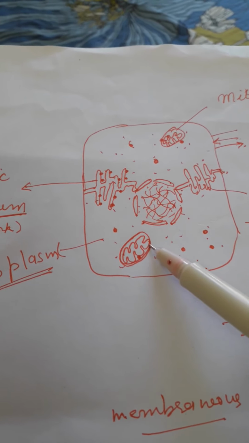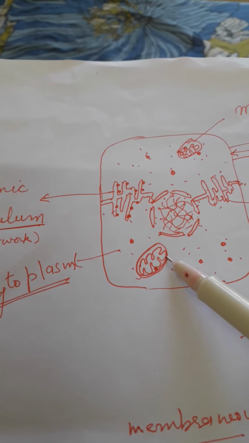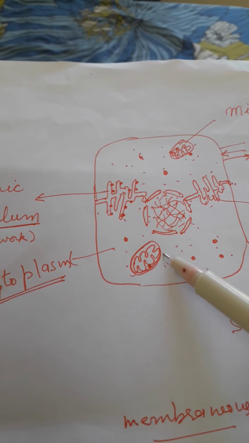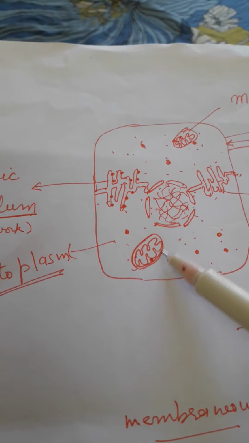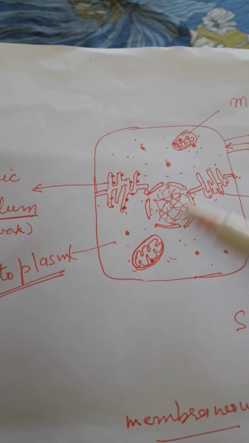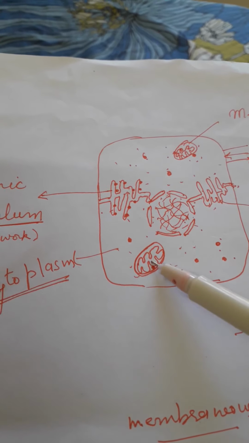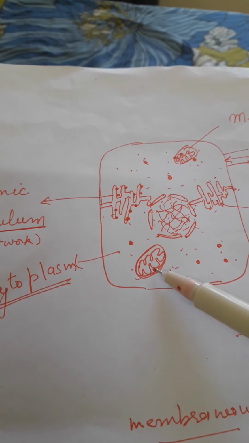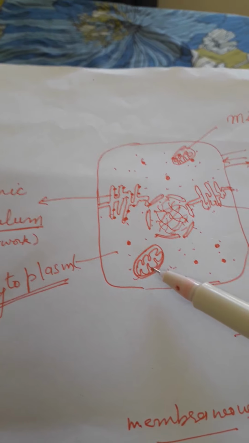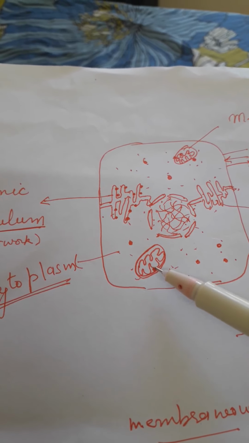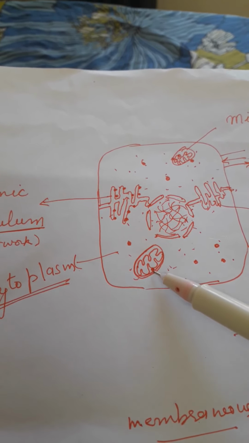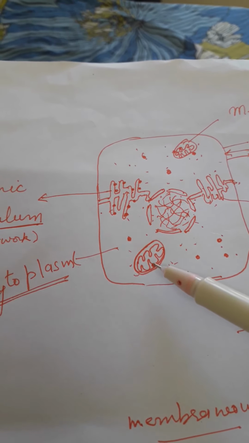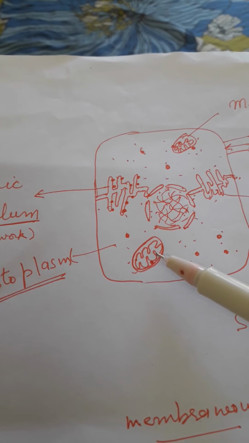But to be very clear, if somebody asks where inside the cell this process of respiration takes place, it takes place inside mitochondria. Mitochondria are the site for respiration. Inside the mitochondria, food is broken down and energy is released. This energy is not in the form of light or heat, but in the form of chemical energy, which is stored as ATP inside the mitochondria.